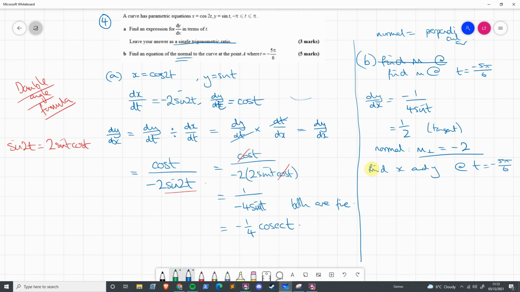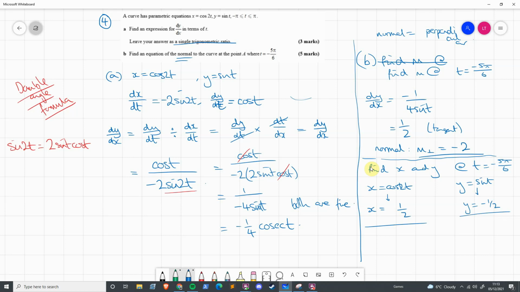We do that by putting the t value into these equations. So if we put the t value into those, I get x equals a half, y equals minus a half.